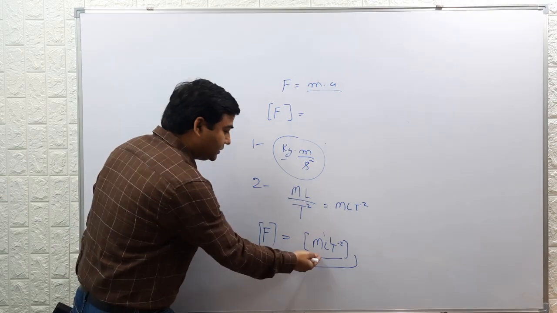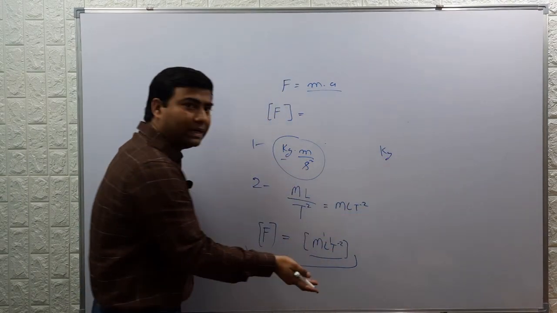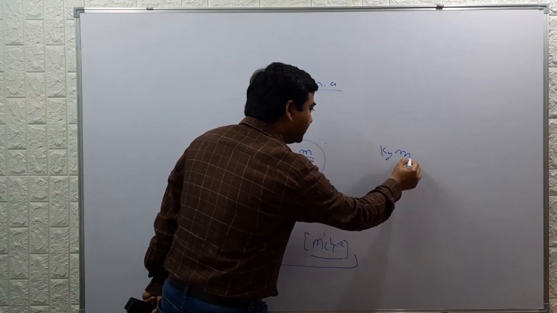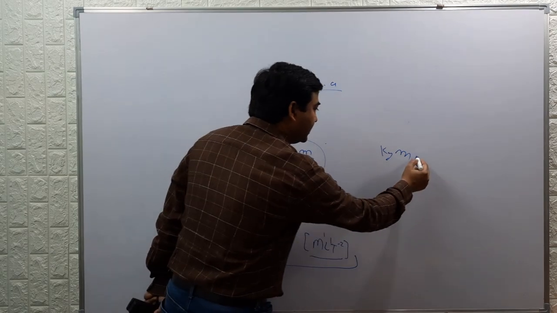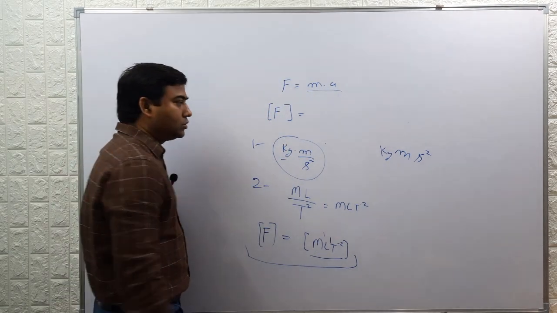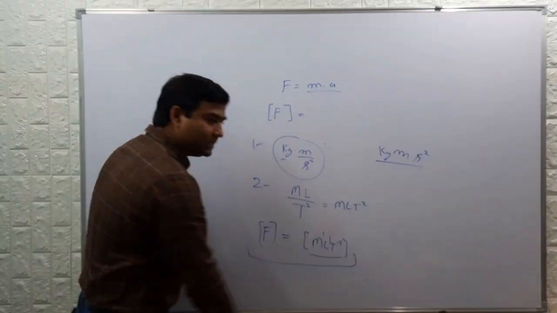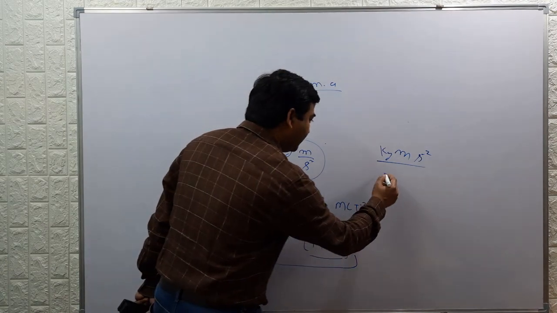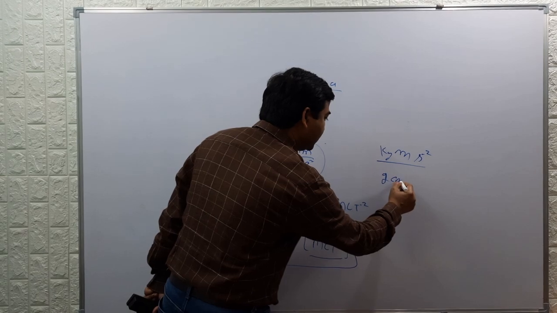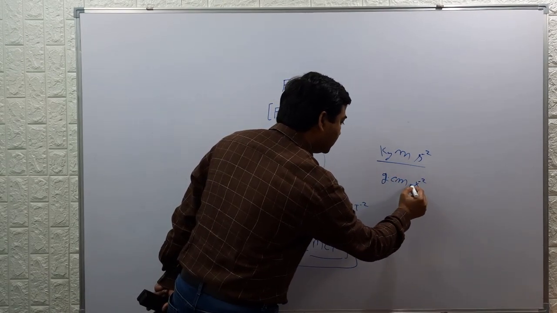To find the unit in the SI system, just replace M by kilogram, L by meter and T by second to the power minus 2. This is the unit in the SI system. If you want the unit in the CGS system, replace M by gram, L by centimeter, T by second to the power minus 2.